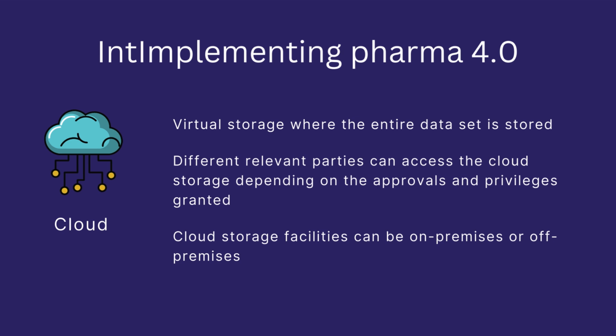In on premises, it is located at the same facility, while in off premises, it is located at another facility. In any case, it is accessed through standard internet protocols depending upon each device's approval and permission granted.